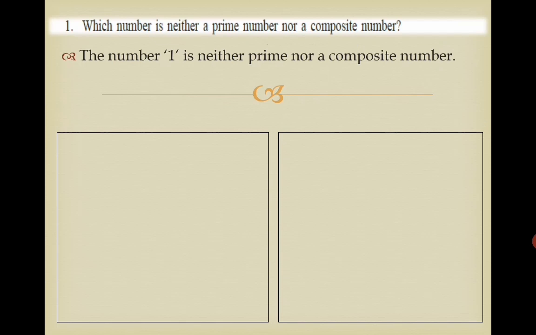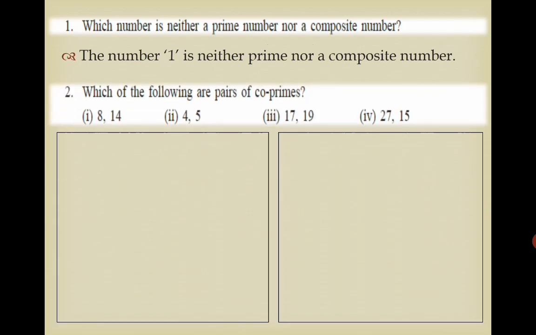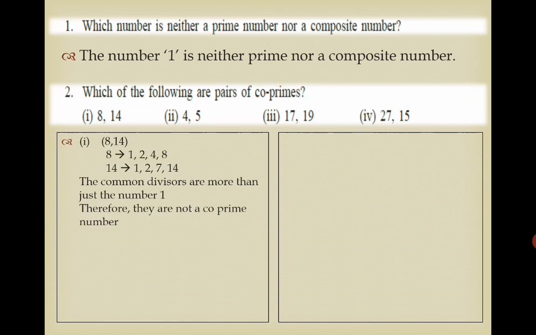Moving forward to the second question. Which of the following are pairs of coprimes? Now they have given us 4 pairs and we have to decide which of them are coprime numbers. So let's solve each one individually. The first one, 8 and 14. The divisors of 8 are 1, 2, 4 and 8.